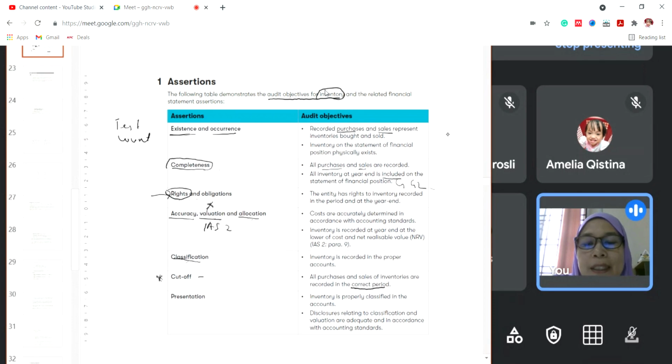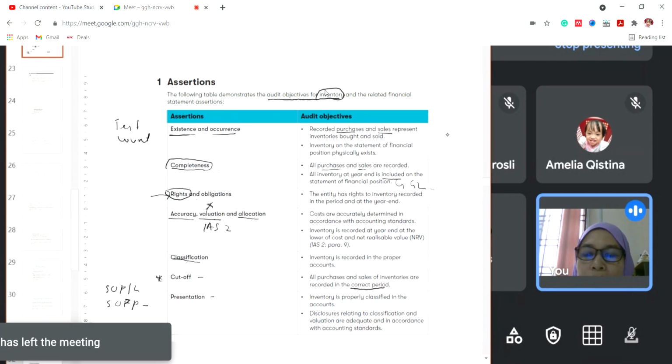And the correct presentation: inventory is properly classified in the accounts. So the presentation of your inventory should be included in the statement of profit or loss and the statement of financial position.